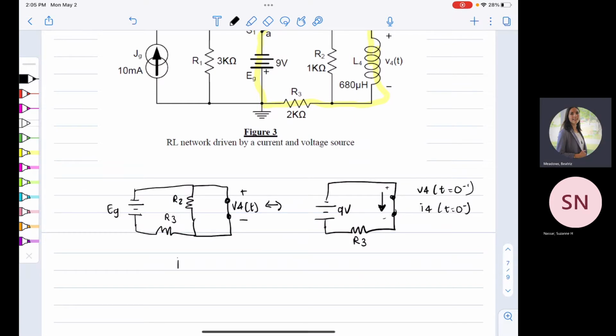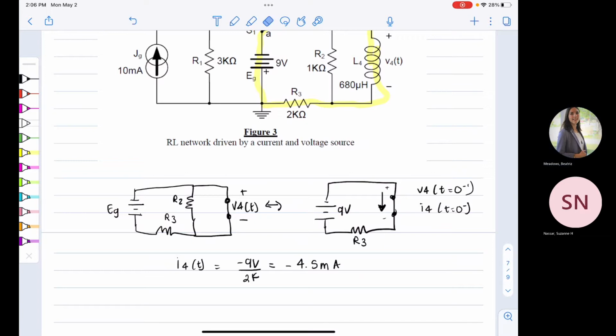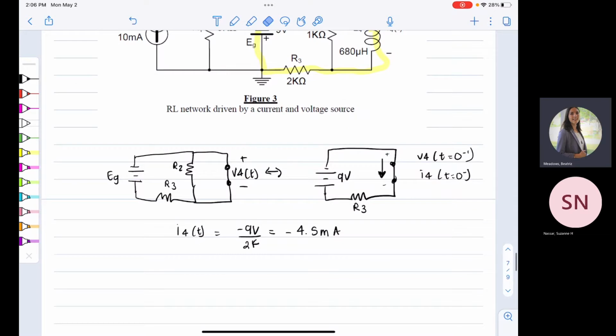So I4 of t is that. Okay, everybody happy about this? Okay, so we found two values for our table.